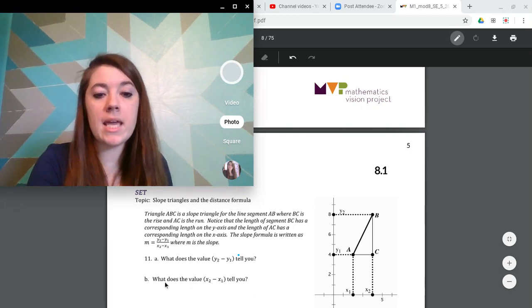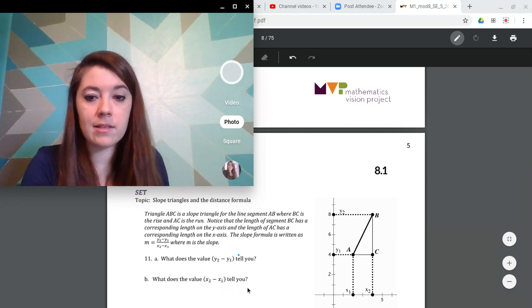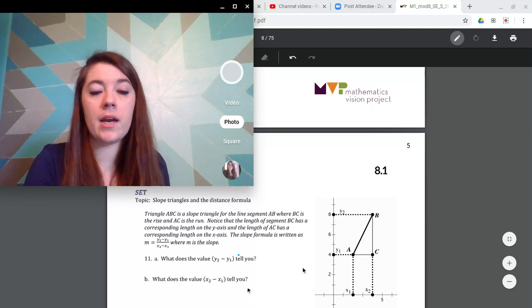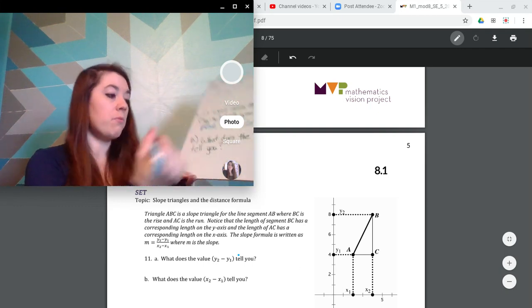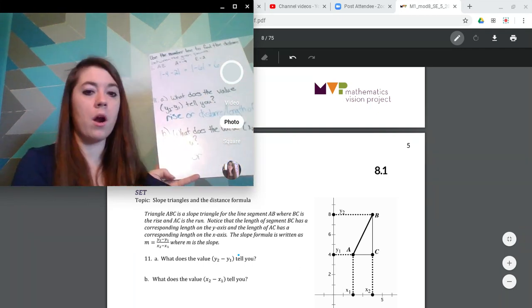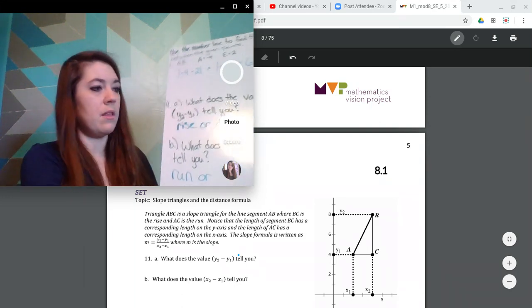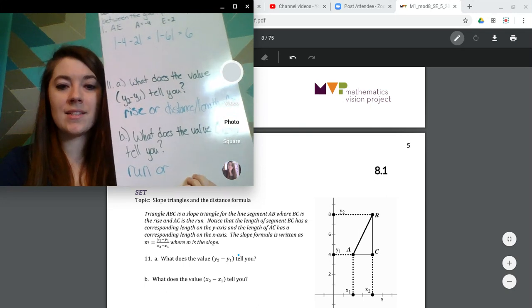So for part B, what does the value of x2 minus x1 tell us? Well, if we think about it in terms of the slope, it's telling us the run. Excellent. The run, or what else is it telling us?